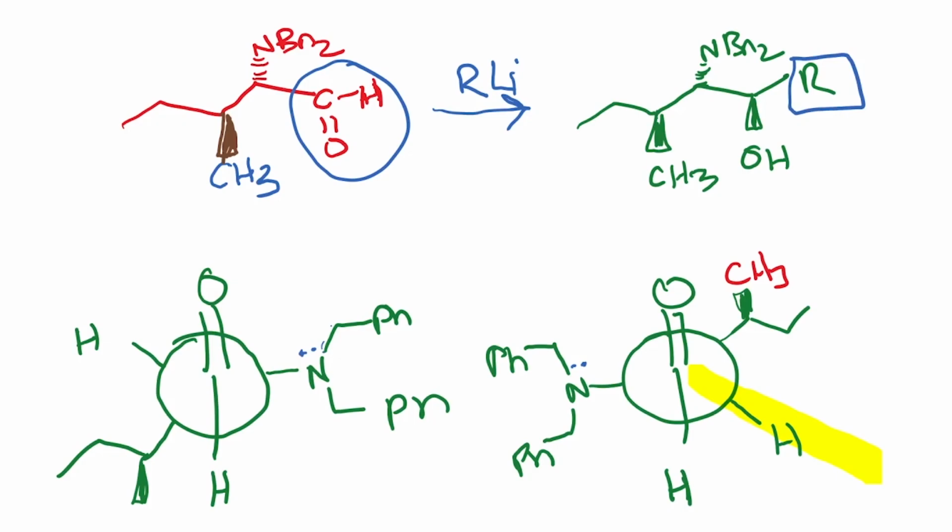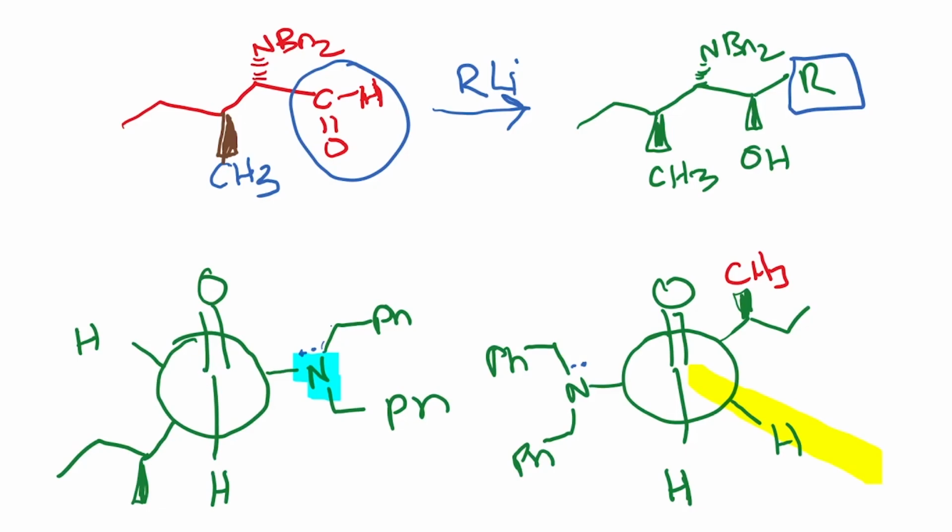Now let's see whether our model is able to predict the correct stereochemistry. The model here is that the C=O has to be perpendicular to the most electronegative atom, which happens to be this nitrogen, and this nitrogen's lone pair is going to interact with the C=O and increase the reactivity.